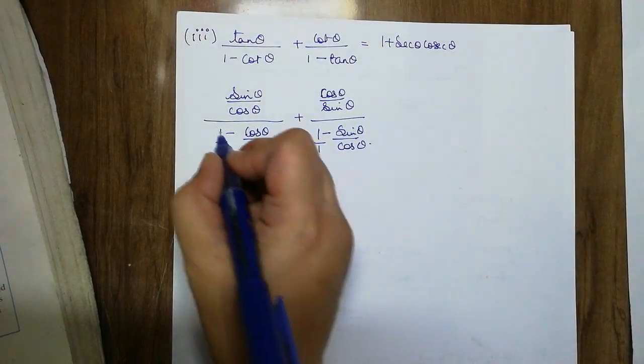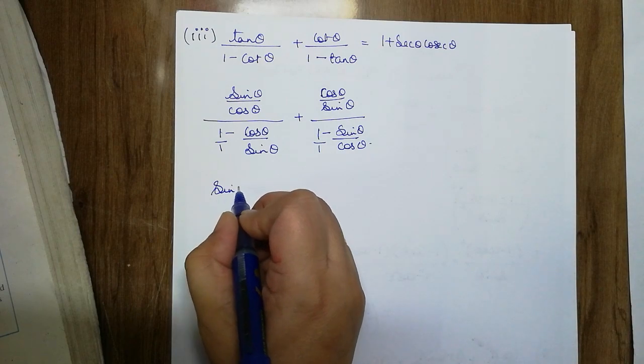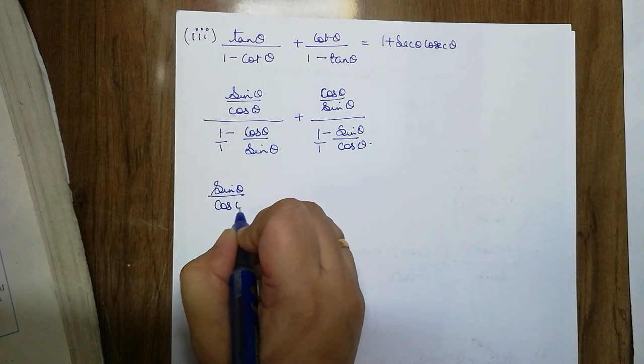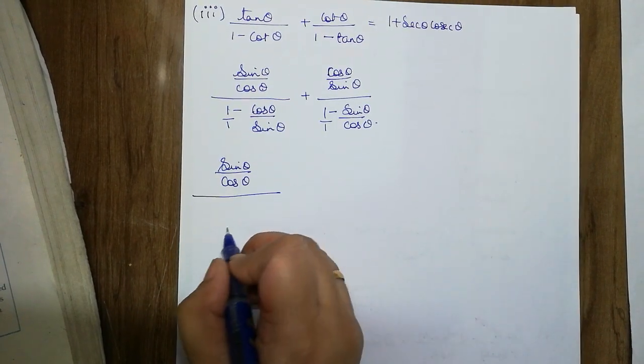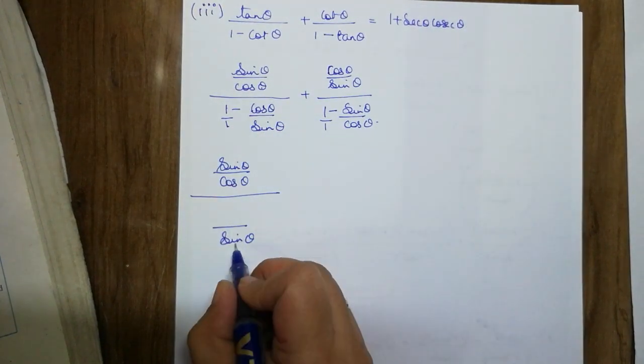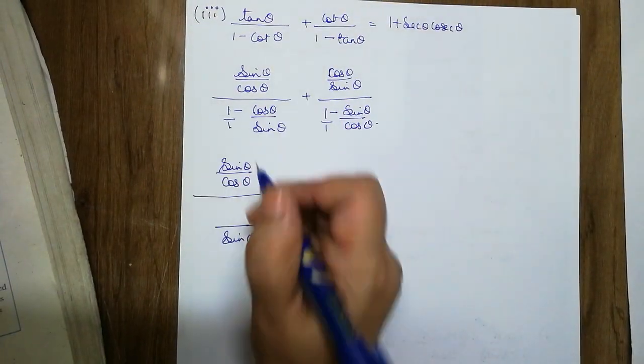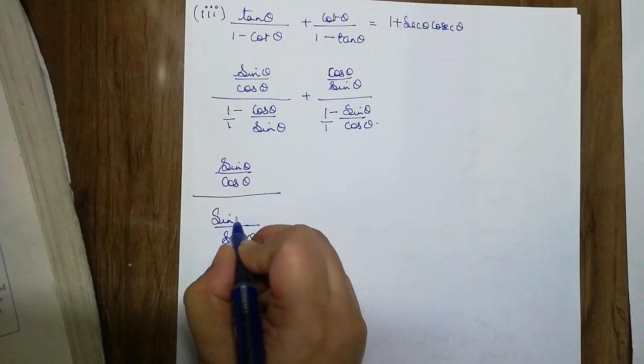Here, look, we'll take the LCM, then the reciprocal. Sine theta by cos theta as it is, the main division line, denominator 1 minus sine theta, where 1 and sine theta is the LCM. Here it will be sine theta.